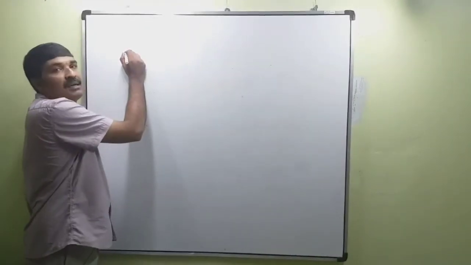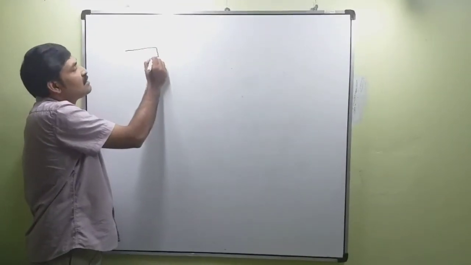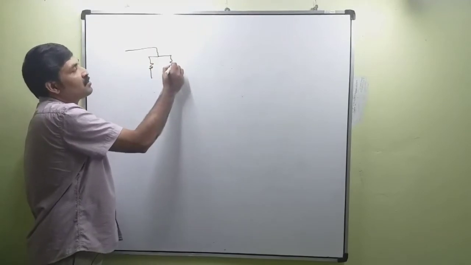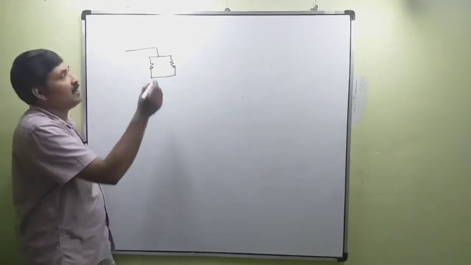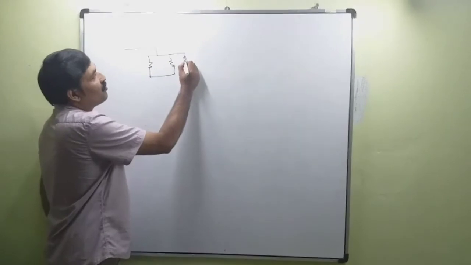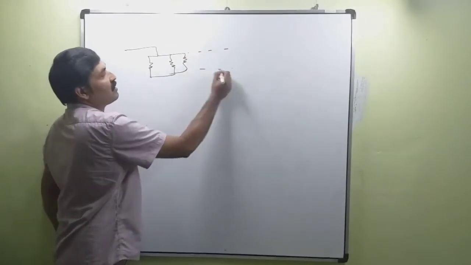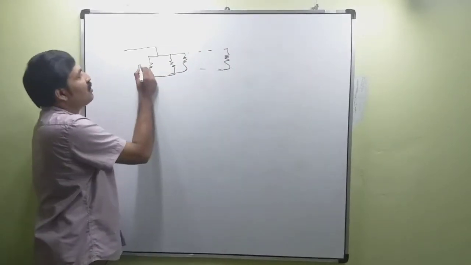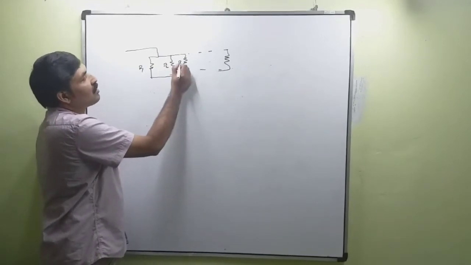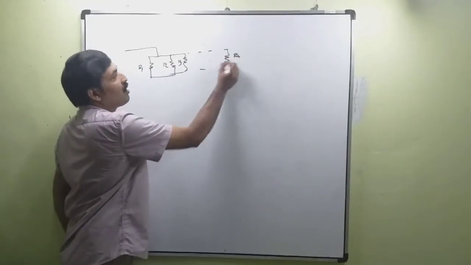Now let us discuss resistances in parallel. Suppose we have n number of resistances in parallel: R1, R2, R3 up to Rn.